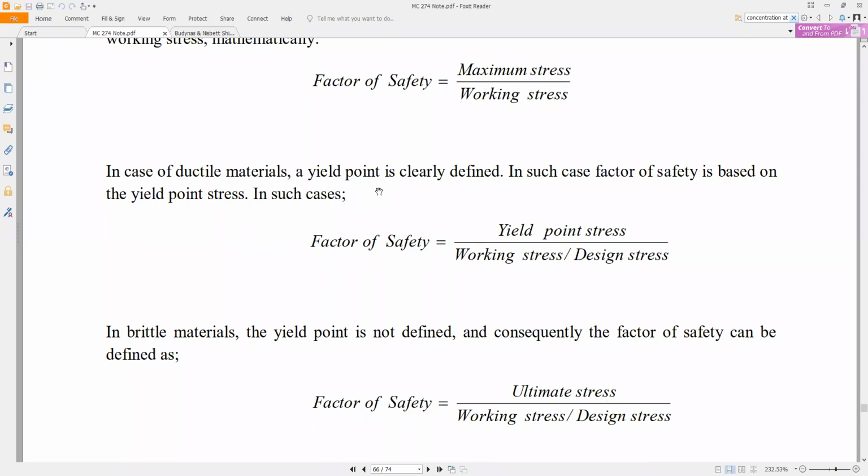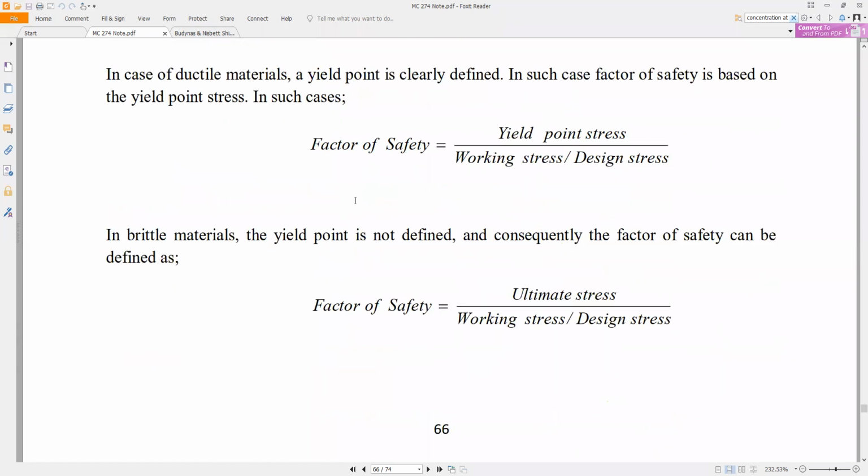And for brittle material, the yield point is not defined. So what we know in brittle material is the ultimate stress, okay? That is the point where the material fails. And therefore, factor of safety is the ultimate stress divided by the working stress or the design stress.